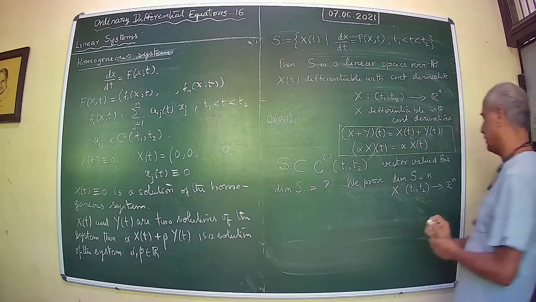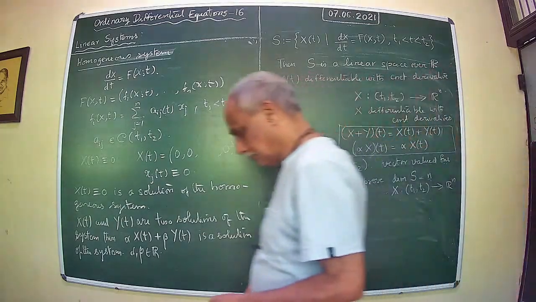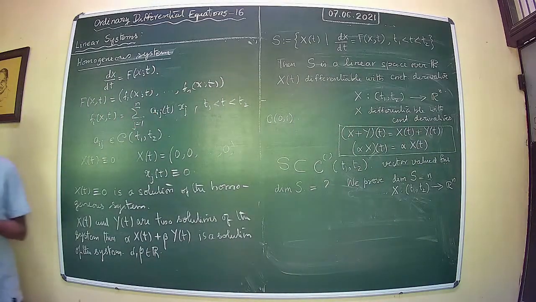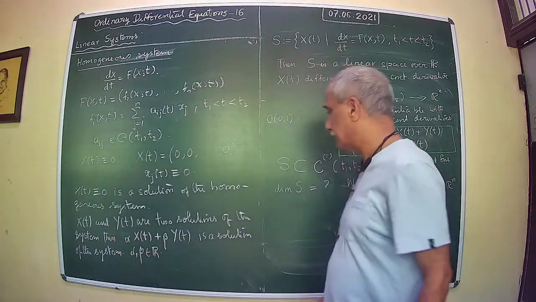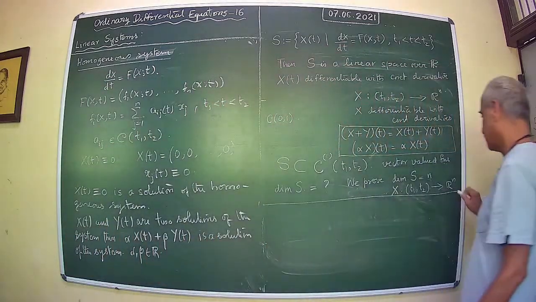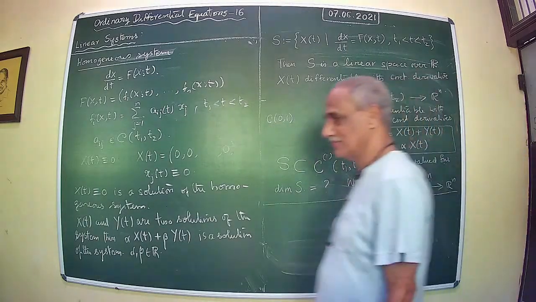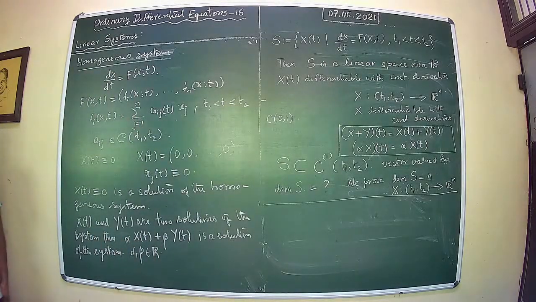So it is n dimensional. So this is the n that comes. But this is a beautiful theorem. It's not infinite dimension, it is finite dimension. Okay, for ordinary differential equations, this is the story.